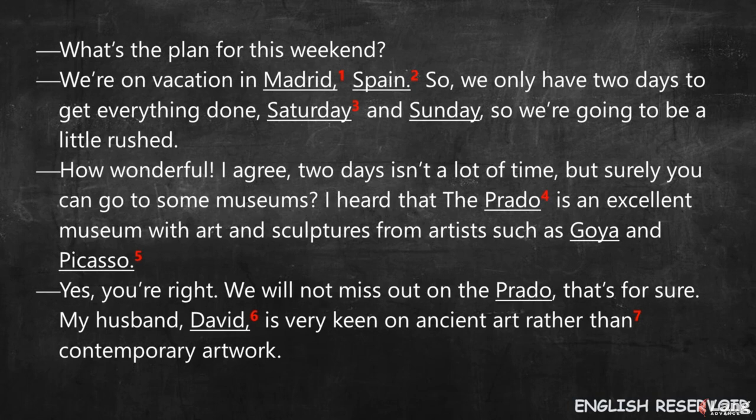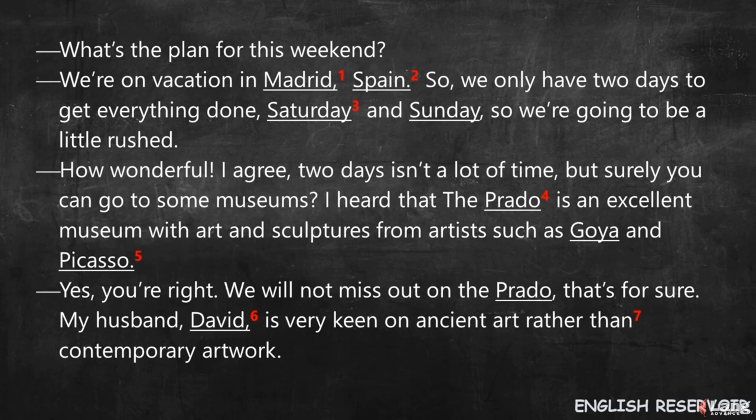What's the plan for this weekend? We're on vacation in Madrid, Spain, so we only have just 2 days to get everything done, Saturday and Sunday, so we're gonna be a little rushed. How wonderful! I agree. 2 days isn't a lot of time. But surely you can go to some museums.